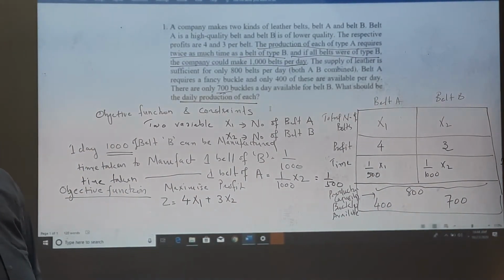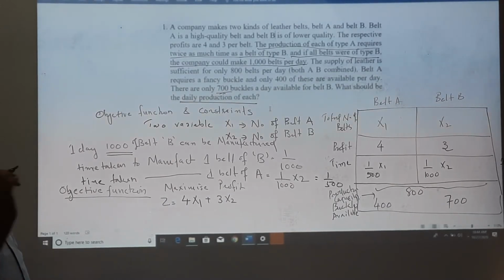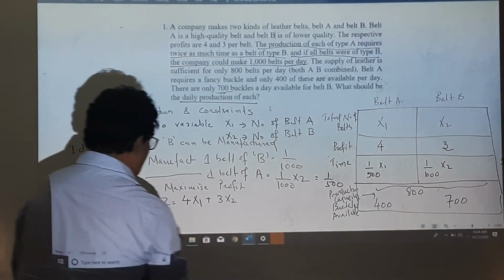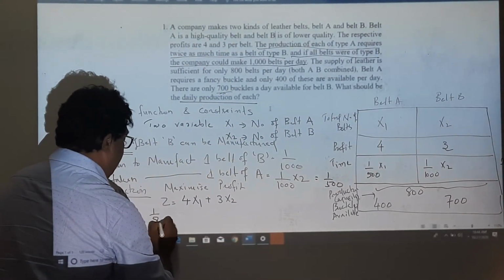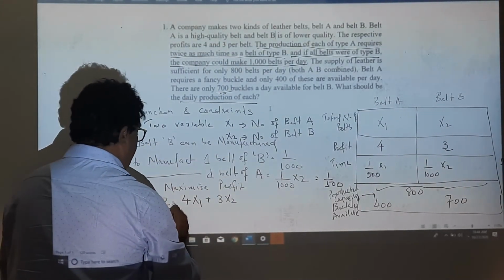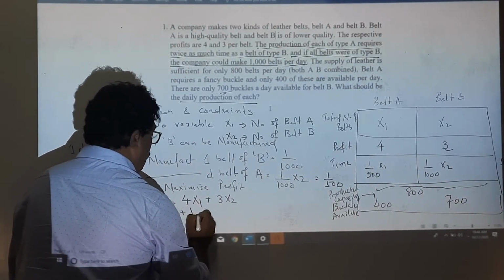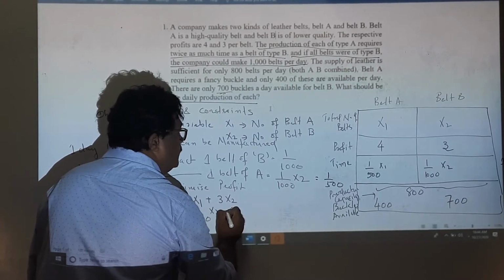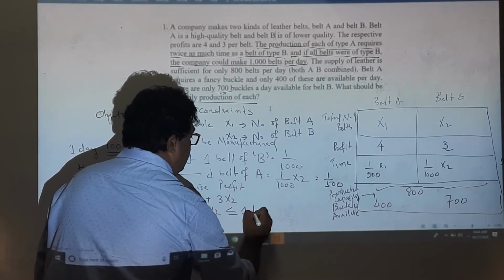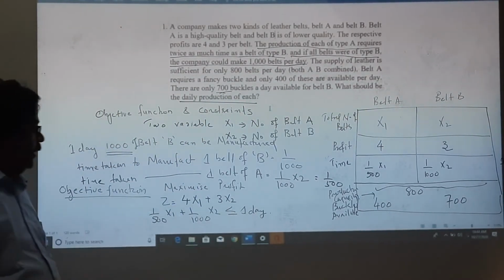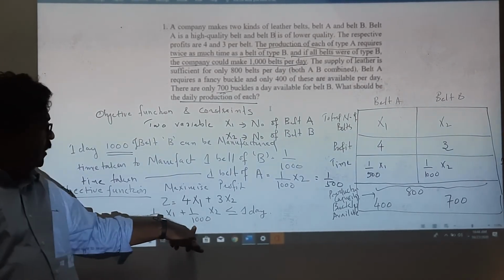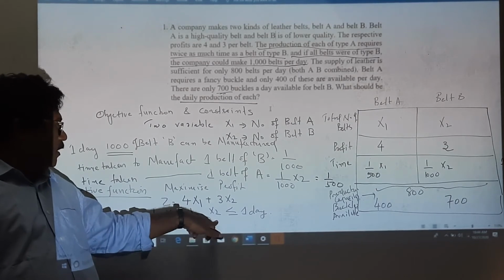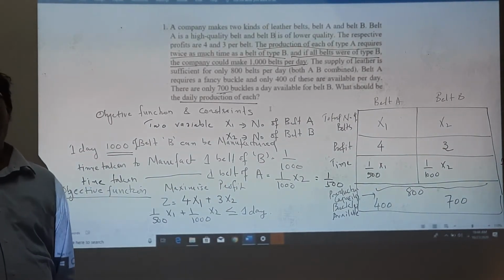Next one is the time constraint. Total time available is 1 day. So 1 by 500 x1 plus 1 by 1000 x2 will be less than or equal to 1 day. So the maximum time availability is 1 day.